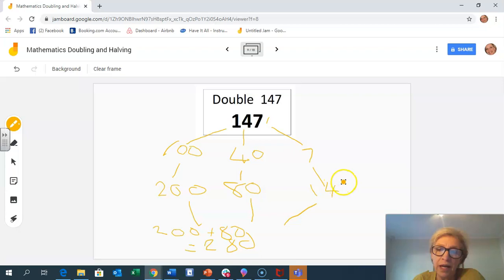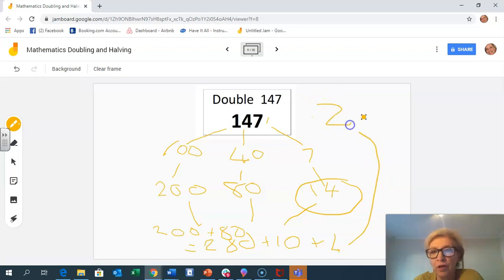But be very careful here, because you're not just adding 4, but you're adding 14. So let's add the 10 part of 14. So 280 plus 10 is 290, plus 4 is 294.